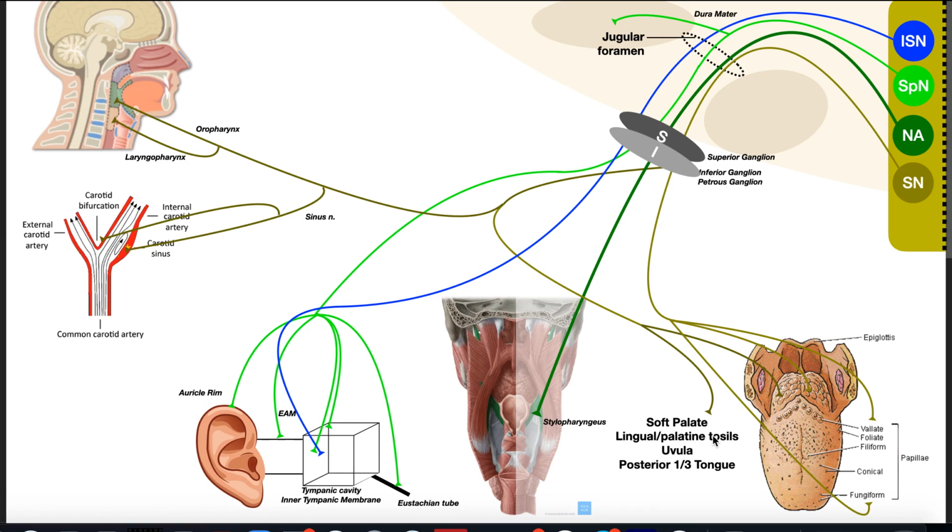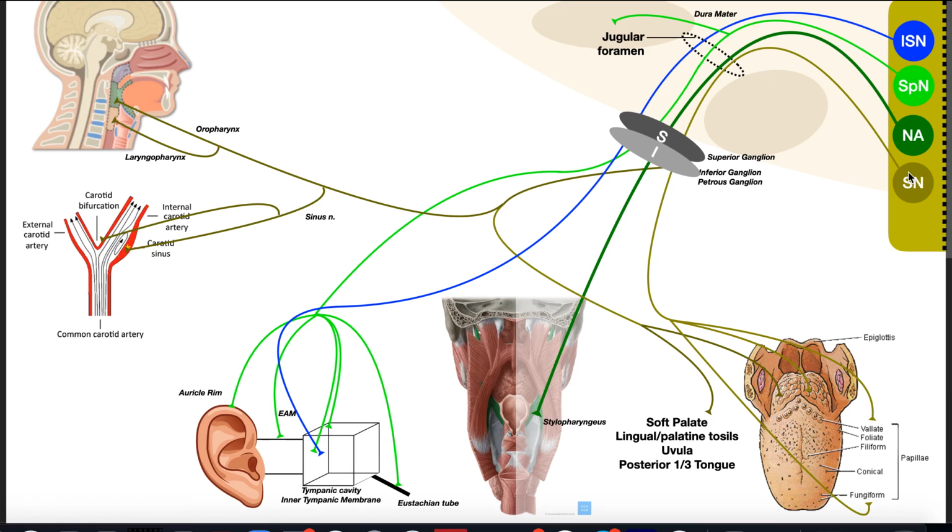With the tonsils, we have some epithelial tissue that is associated with those, like the lingual tonsils and palatine tonsils. That epithelial tissue is innervated by these branches of the glossopharyngeal nerve. Also, the tissue of the uvula, and we already mentioned the posterior 1/3 of the tongue. All these structures, their sensation is relayed back, again through this branch of the glossopharyngeal nerve, through the inferior ganglion, superior ganglion, up through the jugular foramen, and ultimately back to the solitary nucleus.